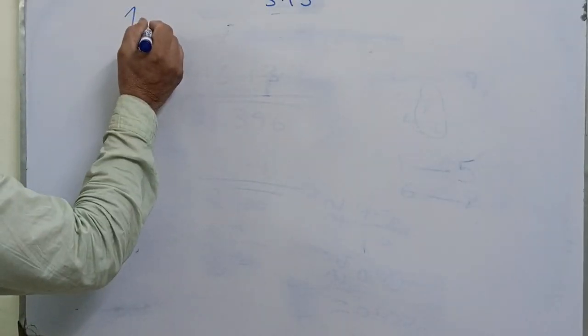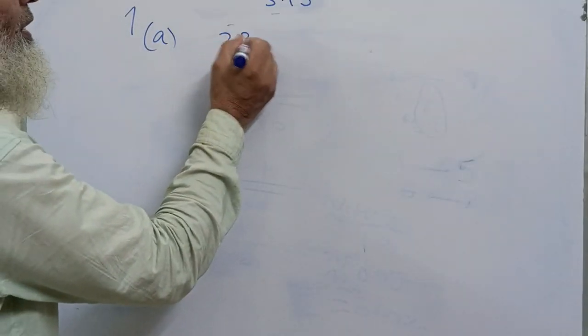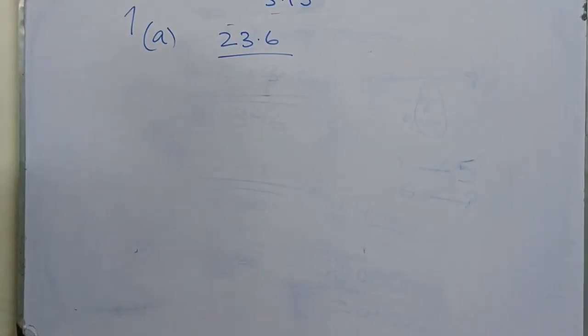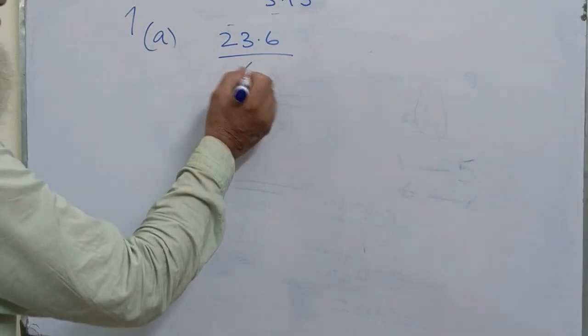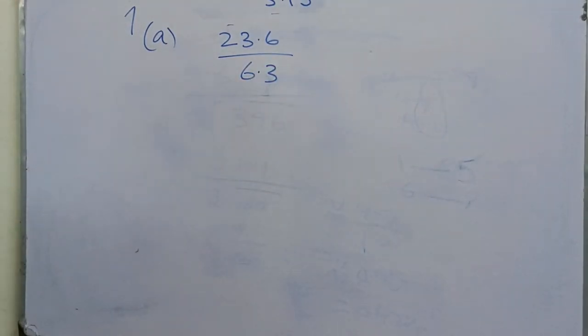Now there's a question in exercise 5.15, question number 1, part A. It says 23.6 divided by 6.3. Now you see that both the cases are here.